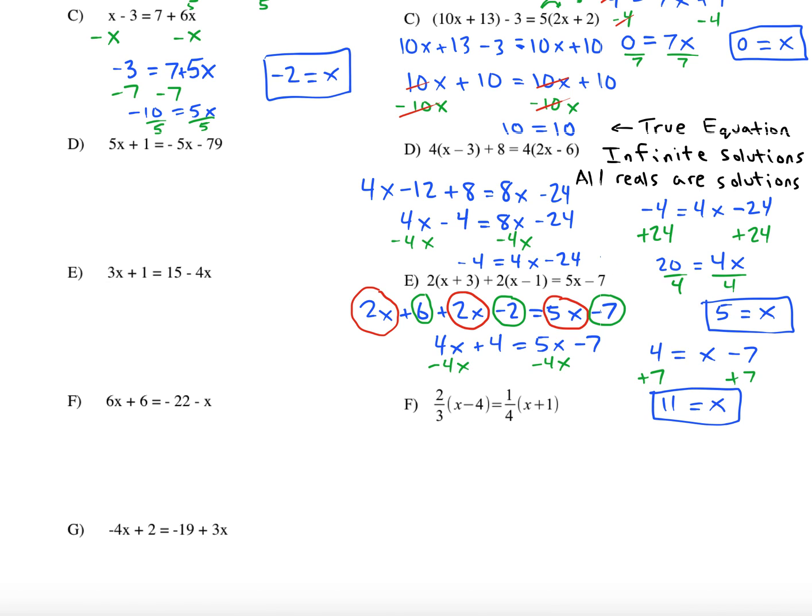Okay. Now, what if we have fractions with denominators involved? A lot of times with solving equations, we don't want to deal with denominators unless we absolutely have to. So let's try to get rid of those denominators just right off the bat here.